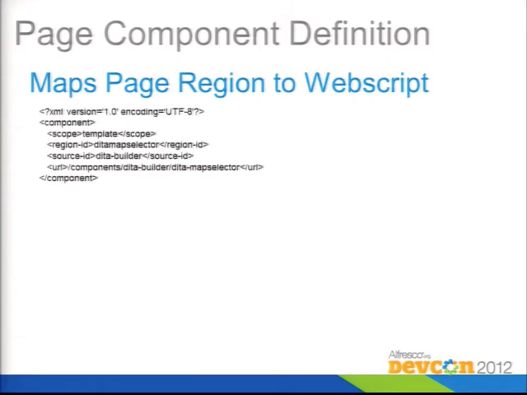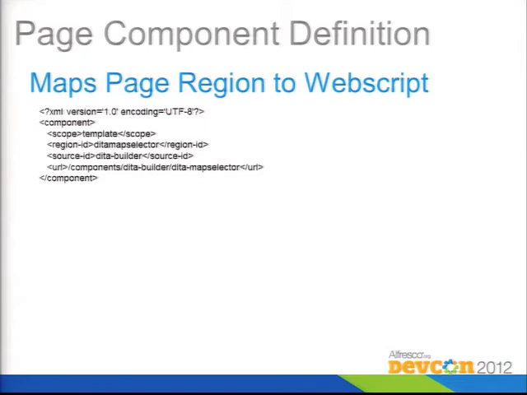You take each region that's defined in the Freemarker template, and then you define a component definition for that. The component definition goes through a whole bunch of indirections, but it's actually pretty clear to follow if you take it step by step.